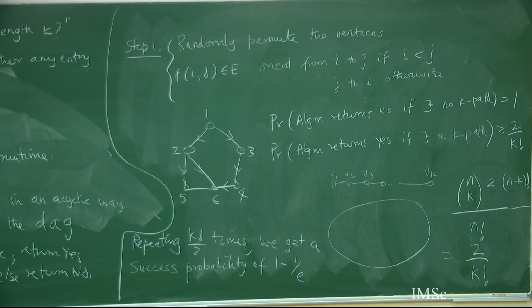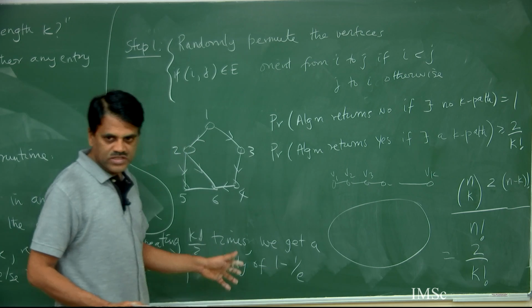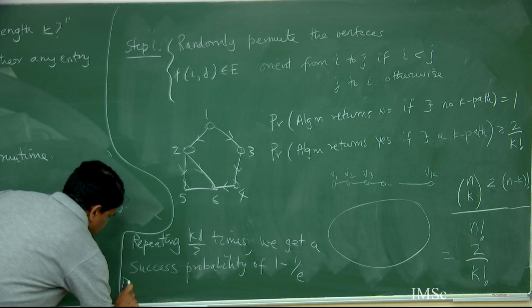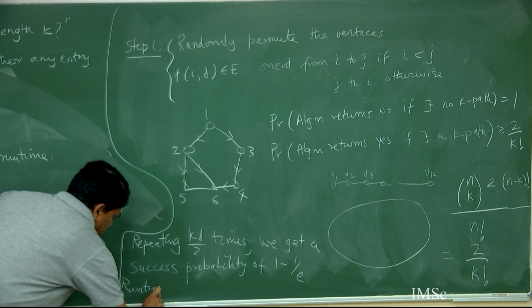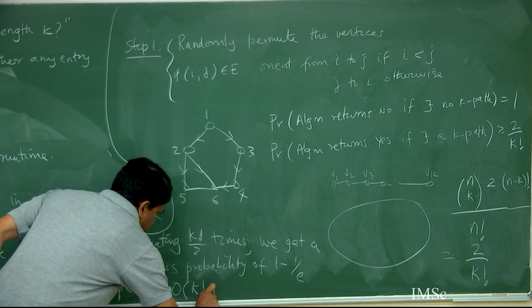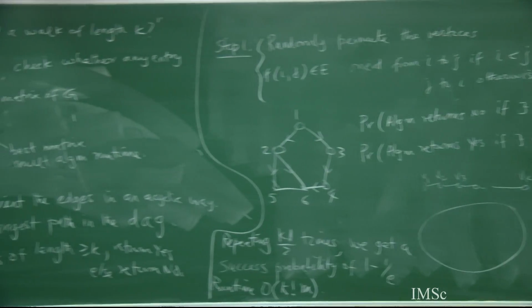I wrote expected, but even for vertex cover and FES, we are running it worst case that many times, with some probability of error, with success probability at least 1 minus 1 over e. So, the run time is k factorial times m. M is the number of edges, because that's the time to find the longest path in a DAG.